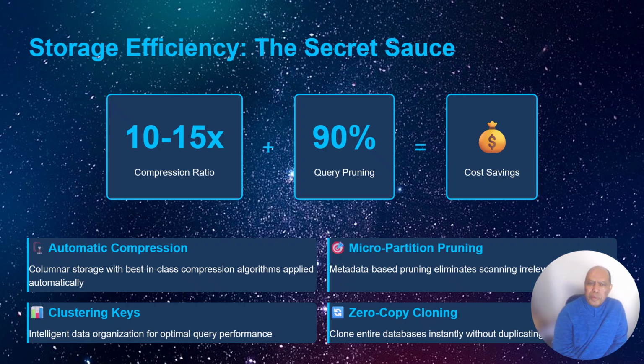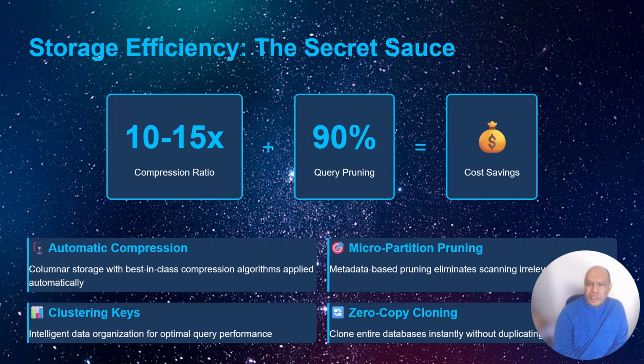This is why properly designed queries run so fast in Snowflake. A clustering key allows you to organize large tables for optimal pruning. By defining clustering keys on commonly filtered columns, you improve pruning efficiency even further.